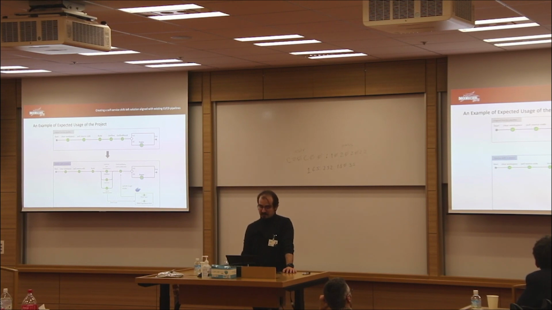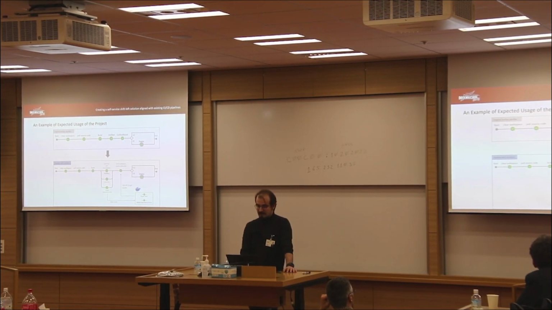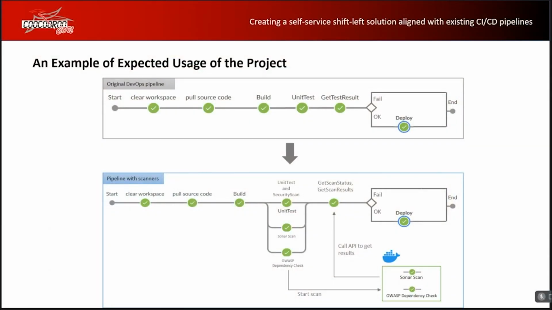The scanner integration is planned to operate together with the unit test phase, including both the Sonar scan and OWASP Dependency-Check jobs, by calling our container to run each scan separately. Then we retrieve the results of those scan jobs and combine them with the unit test results to decide if all the results have a green light for the code to proceed to the next stage.